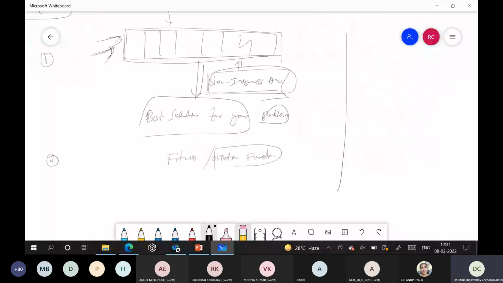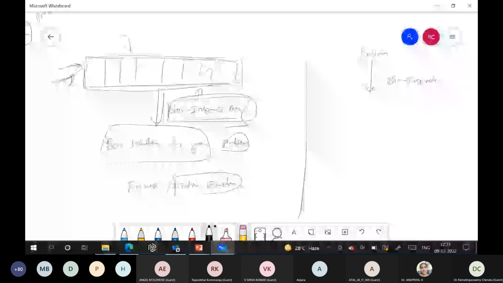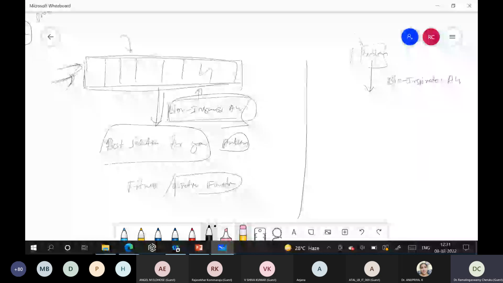There are n number of problems we can solve using a bio-inspired algorithm.